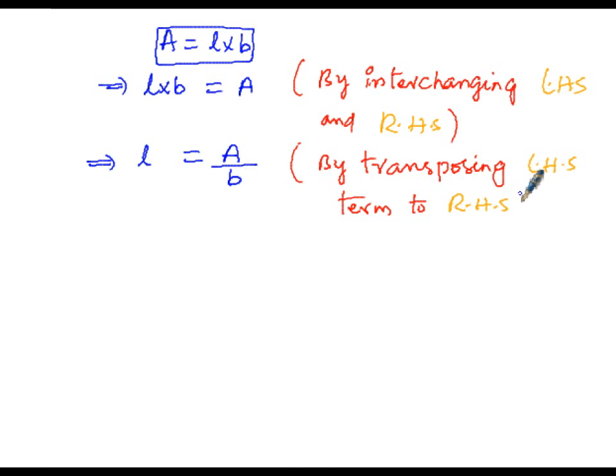In this manner I got this logical step, that is L is equal to A by B. So L's coefficient is 1 and L alone is on the left hand side, therefore L is the subject now. Therefore L is equal to A divided by B, in which L is the subject.